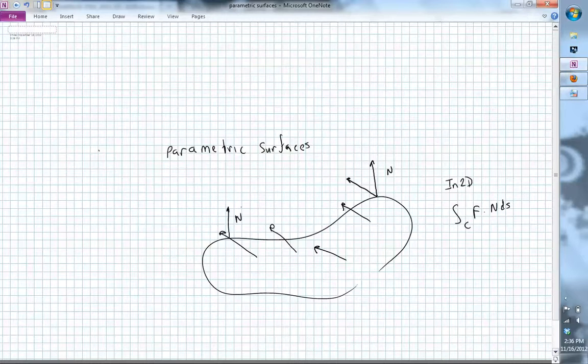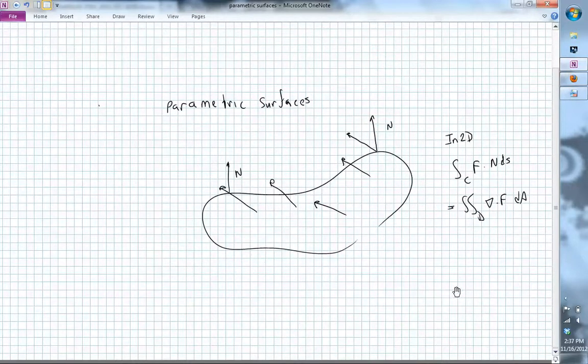And the big theorem for this guy is that this is just the integral over the region D of the divergence of f dA. All right? So this involves a line integral and a double integral. A line integral and an area integral.